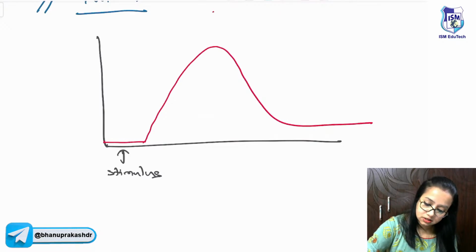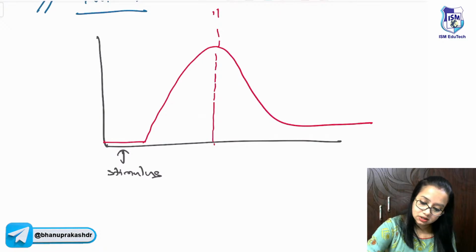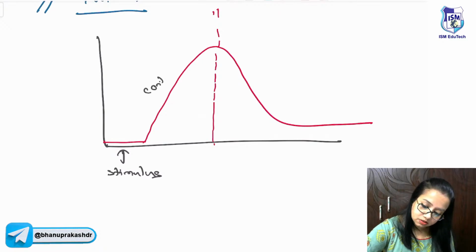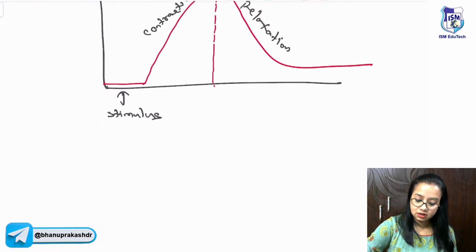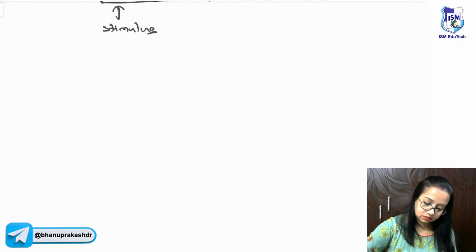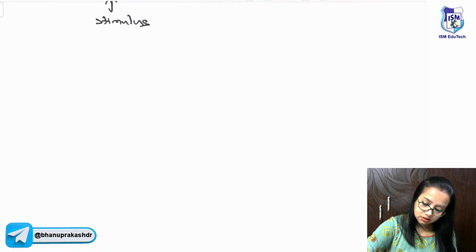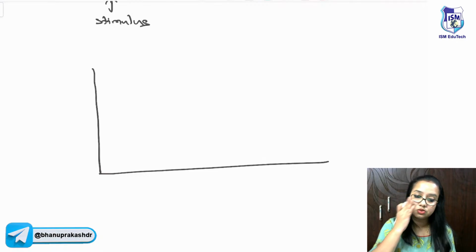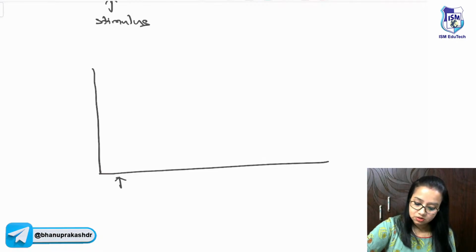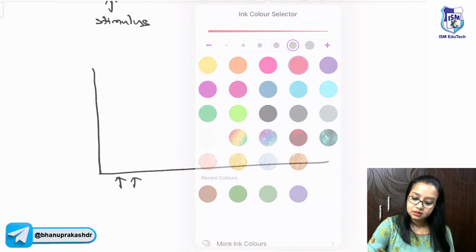So this is the phase of contraction, and this is the phase of relaxation. Now, if more than one stimulus is given, then there may be summation.